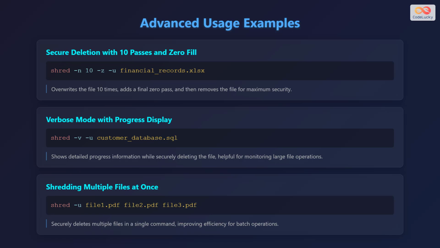This shows detailed progress information while securely deleting the file, which is helpful for monitoring large file operations. Lastly, to shred multiple files at once, you can use the command shred -u, followed by the names of all the files you want to delete. This securely deletes multiple files in a single command, improving efficiency for batch operations.